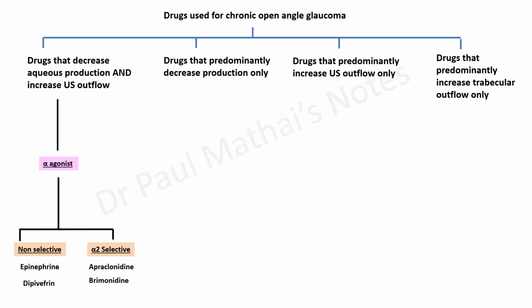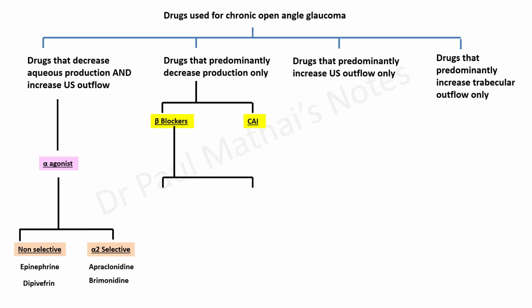The next group of drugs act by predominantly decreasing production of aqueous humor. These will include beta blockers and carbonic anhydrase inhibitors. Now, it is important to note that not all beta blockers are used in the treatment of glaucoma.